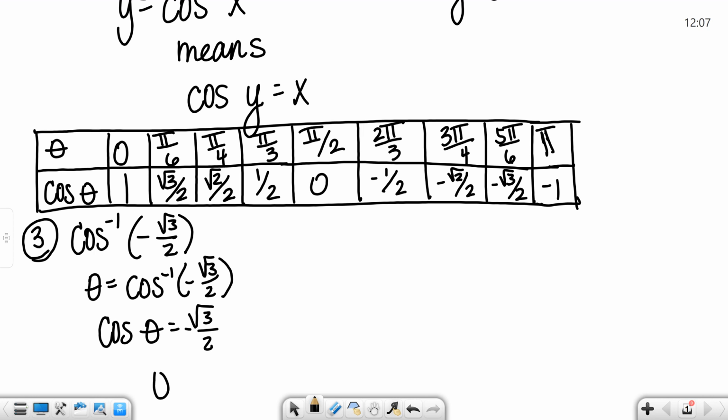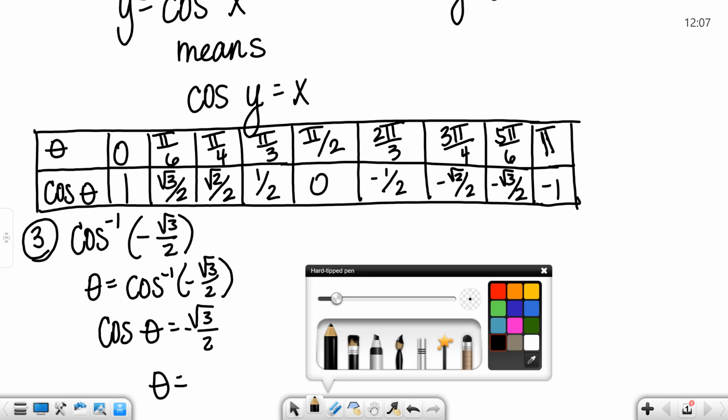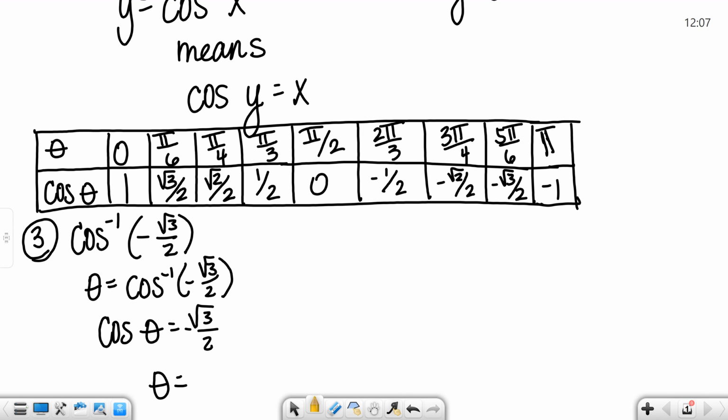Now we go to our table and find negative square root of 3 over 2. It's right here. What theta goes with it? Oh, it's 5 pi over 6. So theta is 5 pi over 6.